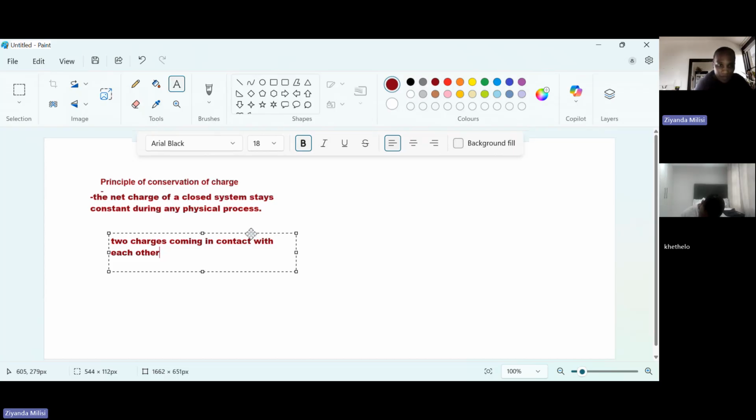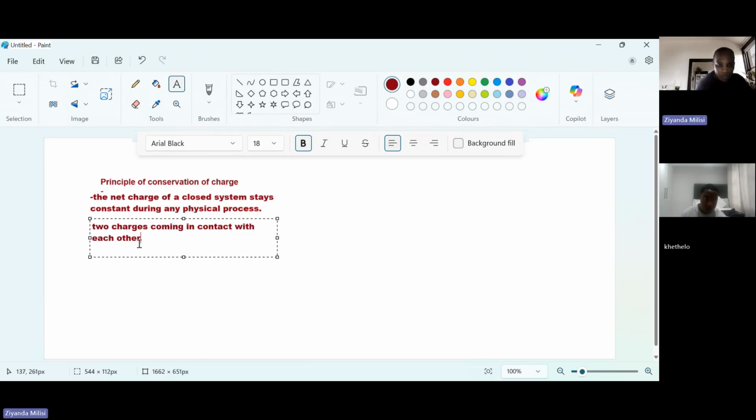There will be transfer of charge, of electrons. So when two charges come in contact with each other, there will be transfer of charge, and that charge is electrons that are being transferred.